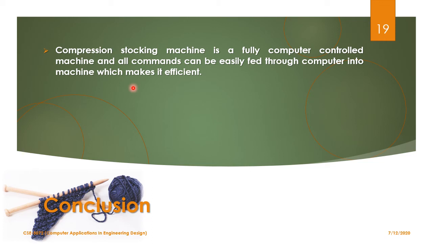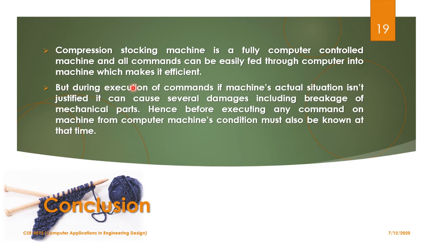The second point is that during execution of commands, if the machine's actual situation isn't considered, it can cause several damages, including the breakage of mechanical parts. So it is necessary that before we execute any command on the machine, we should know the actual physical situation of the machine at that time, so that physical damages on the machine could be avoided.